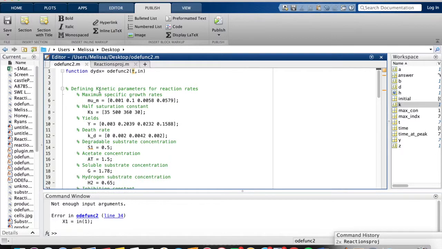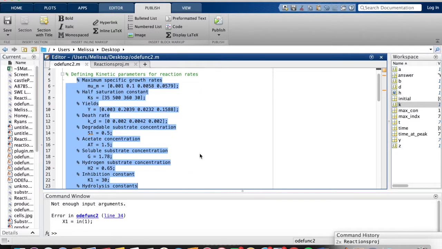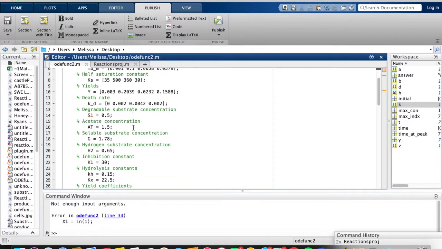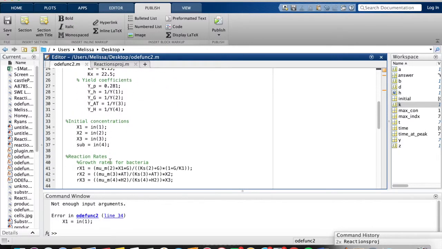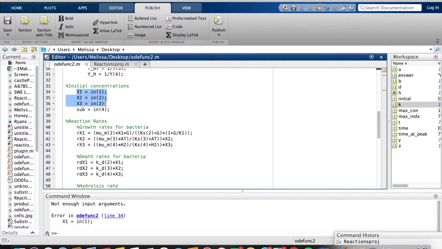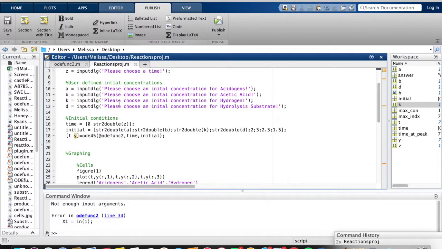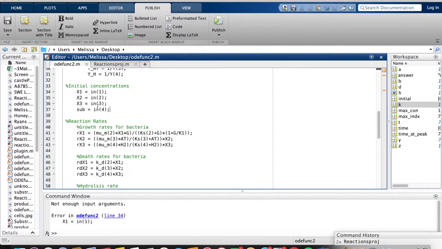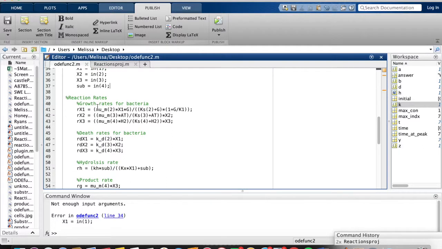And then that function file, as you can see, is here. We define a bunch of our parameters first off, and there's a good amount of them. And then we pull the initial concentrations that they defined in this part of the code. And then it runs through our reaction rates.